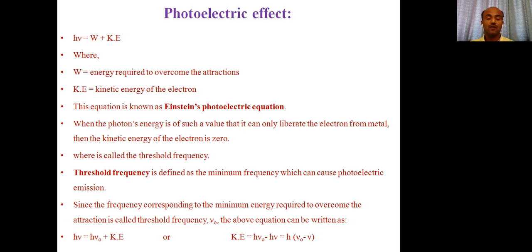Since the frequency corresponding to the minimum energy required to overcome the attraction is called the threshold frequency, it is denoted by nu zero. The above equation can be written as h nu equal to h nu zero plus kinetic energy. So we can modify it, and for kinetic energy, the equation becomes h nu minus h nu zero.